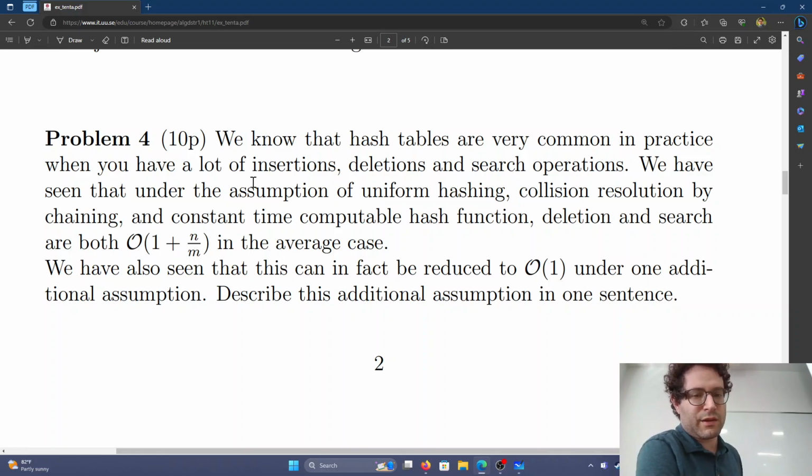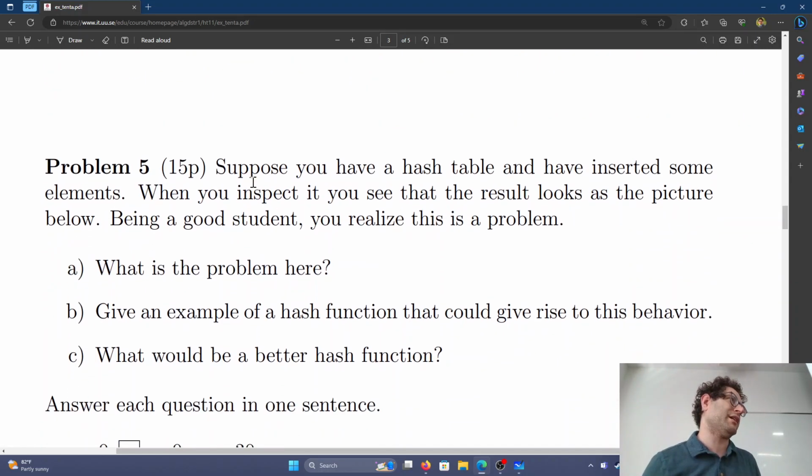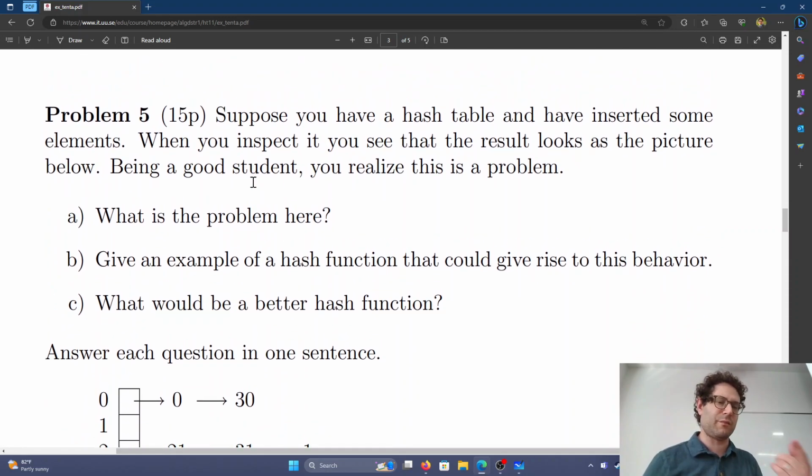So we can see that this can be reduced to constant time under one additional assumption. That is where basically we keep the table size within a constant factor, and when it gets too big, we simply resize. This is the more important one.